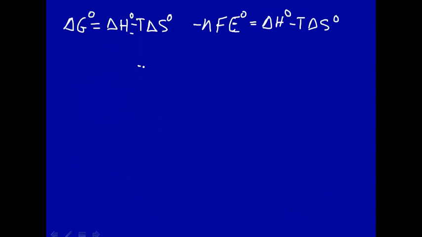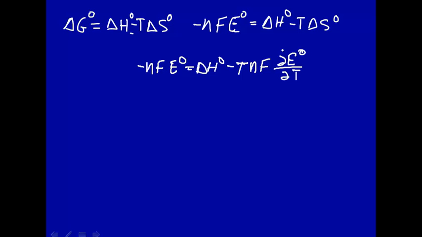So we have minus nFE0 equals delta H0 minus T, and substituting in what delta S0 was from the previous slide, nF times how E0 changes with temperature at constant pressure and number of moles. So what good is this? Well, I'll show you.